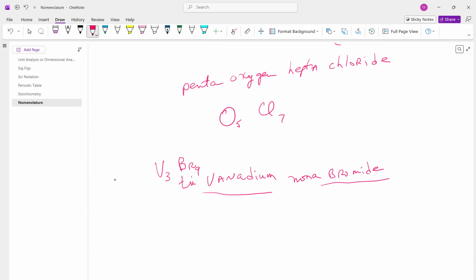I'm still confused. How are you getting tri? Because there's the V3, so yeah, three of them. So if you look on here, on the far right, on this chart. Yeah. So it would be no bromide, and then the bromide of what's on. Okay, and nona is 9. And Br is bromide.